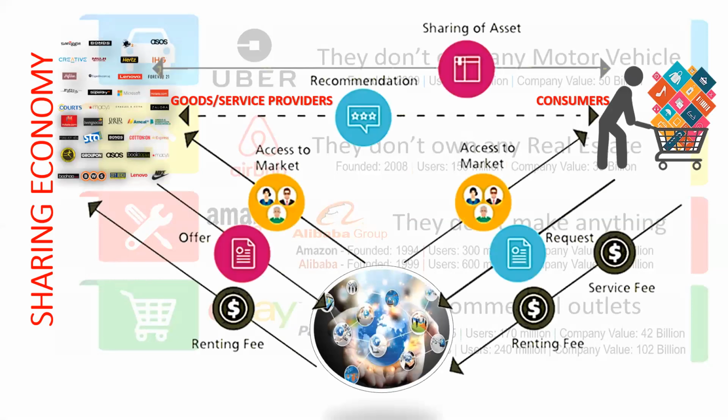Well, the model that drives the sharing economy is all about the platform, as we talked about, that really connects the goods and services providers to the end users or consumers.